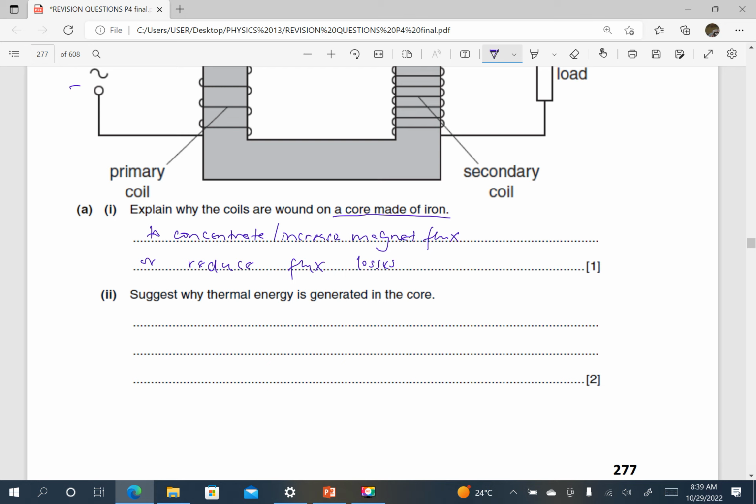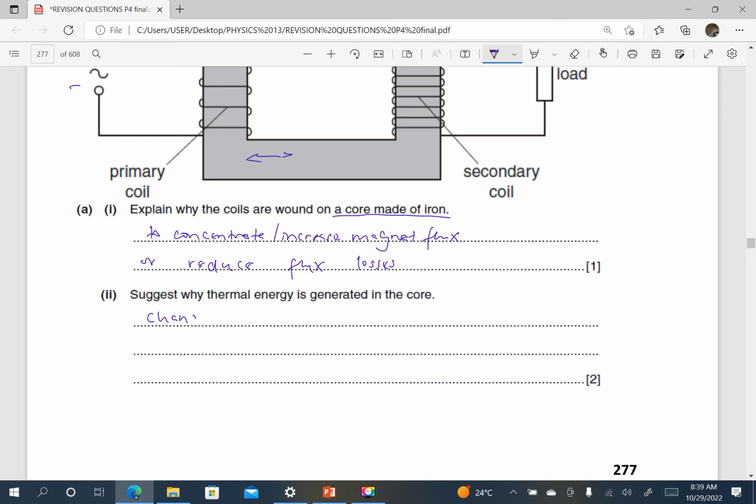Suggest why thermal energy is generated in the core. We have answered this question, why there is thermal energy. There's a changing flux in the core which induces an EMF which produces eddy currents in the core. The eddy currents in the core give rise to the heating effect.